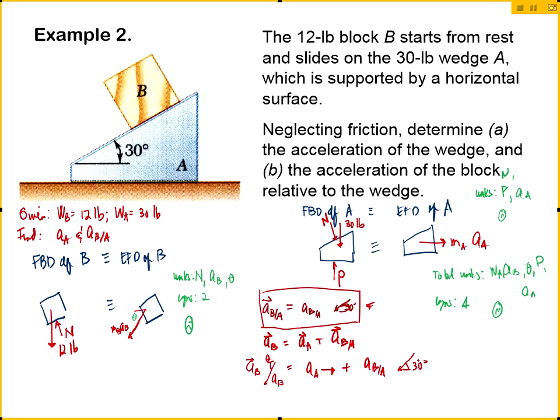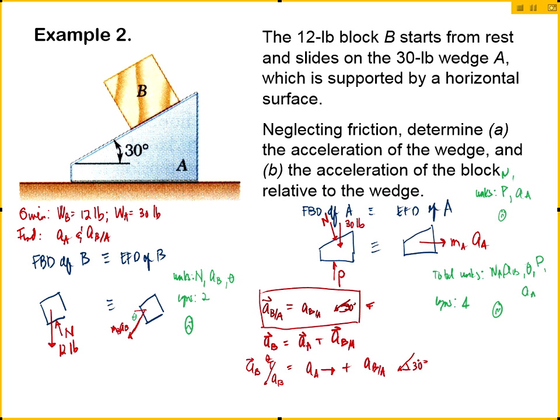Yes. So in terms of number of unknowns here, A sub B has two unknowns, its magnitude and its direction. If we replace A sub B by the sum of A sub A and acceleration of B relative to A, it's still two unknowns, right?